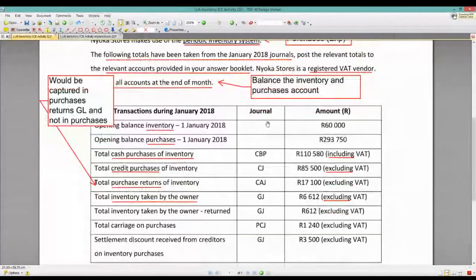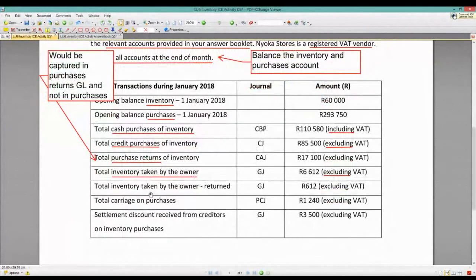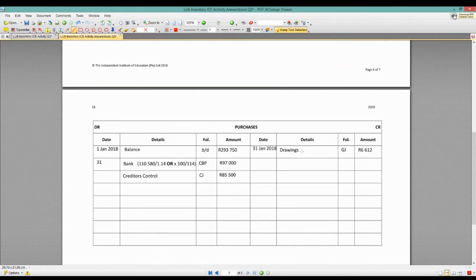Okay, let's look at what was the next one. Inventory taken by the owner was returned. So a portion of the inventory they've taken, they've now returned. That means we have to reverse a portion of that entry that we've made, and this is also excluding VAT. If inventory is returned by the owner, it means our purchases amount will increase again. So a portion of this transaction will get transferred to the debit side.